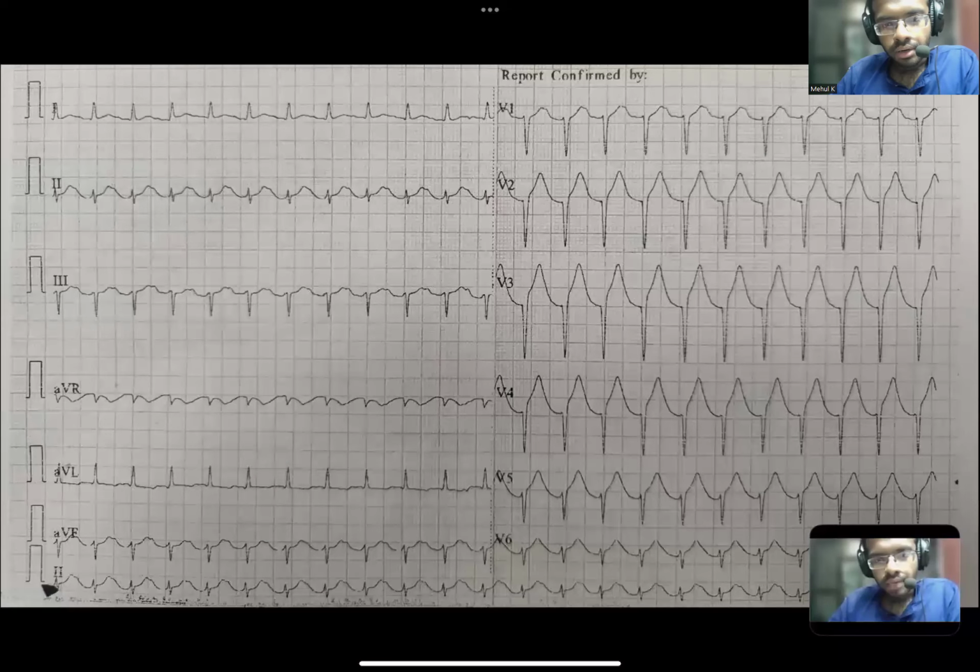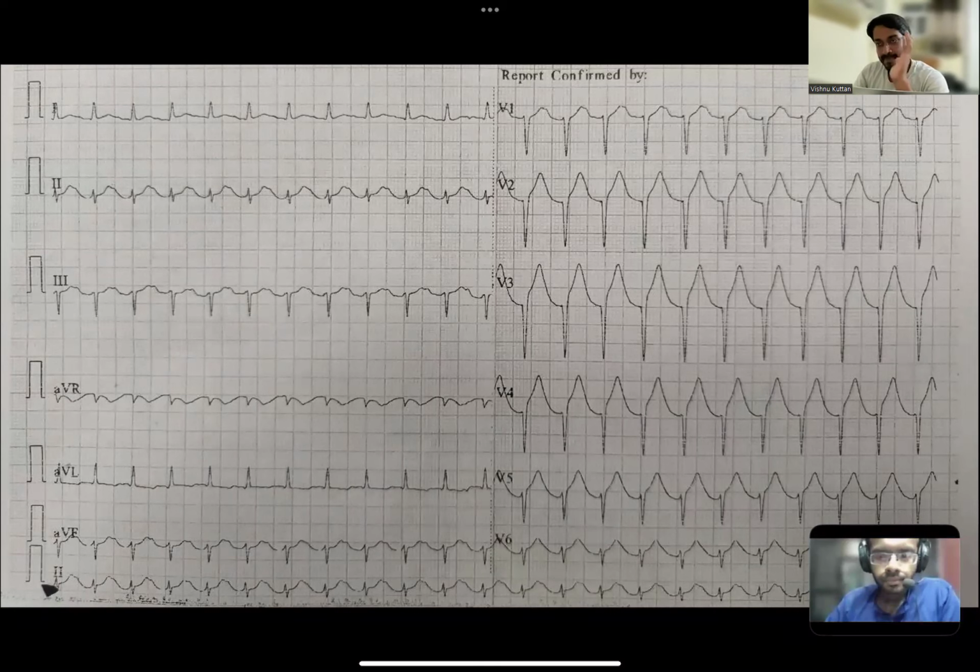Actually, even I felt initially on seeing this ECG that the T waves, at least in the anterior leads, definitely look hyperacute. But it's very difficult to comment on it when you're having a possible tachyarrhythmia on top of that. Exactly, sir. Because I'll tell you the truth, I thought whether this can be a hyperacute T wave also at that point of time.